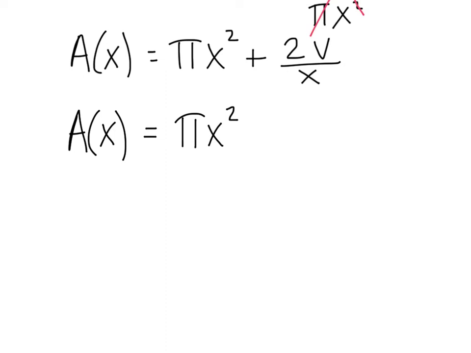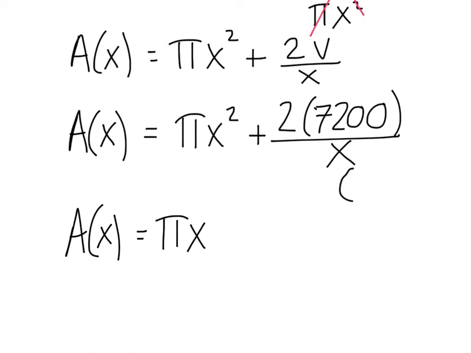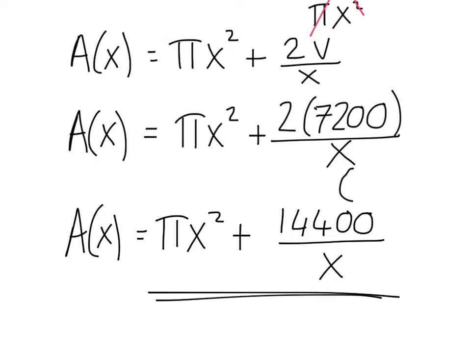So pi x squared plus 2 times v, which is 7,200 over x, which then gives us A of x equals pi x squared plus 2 times 7,200, which is 14,400 over x. This is what we set out to show, so that's the end of that part of the question.